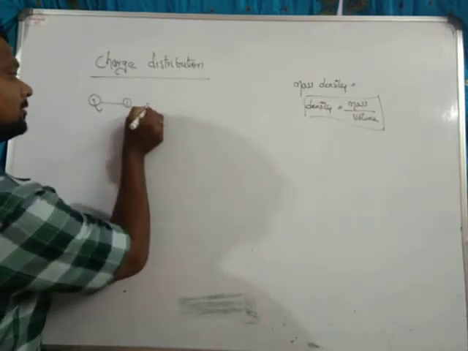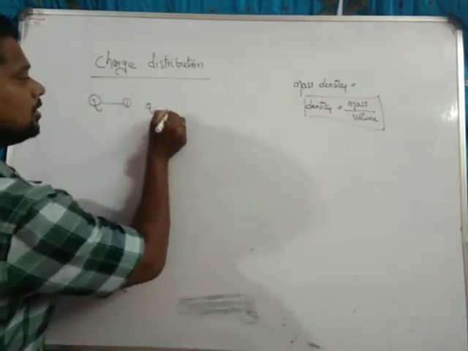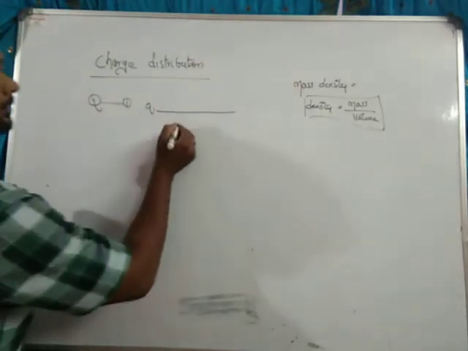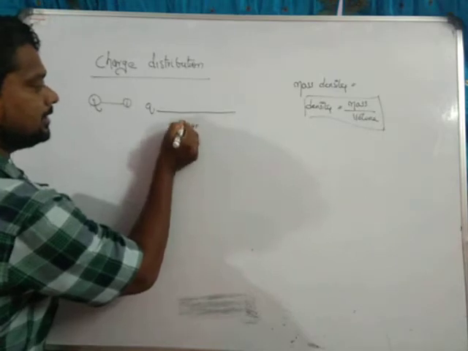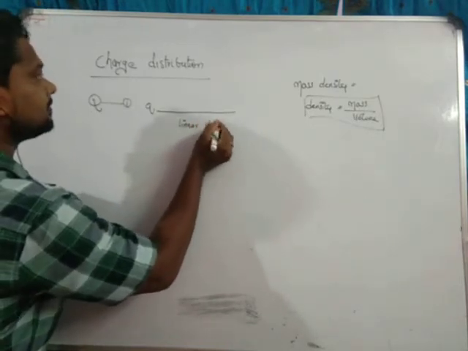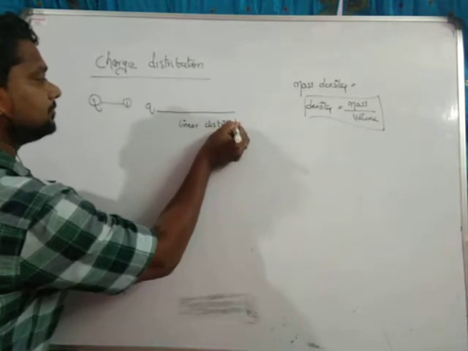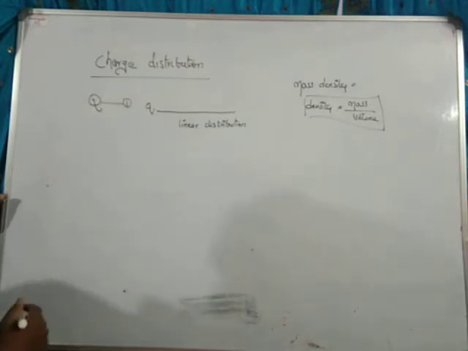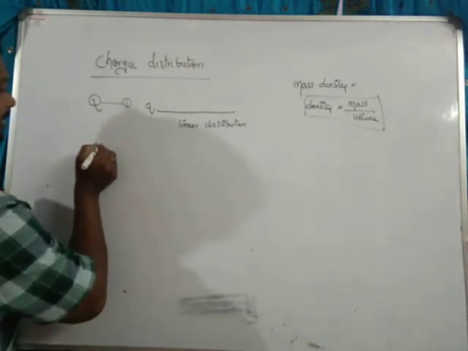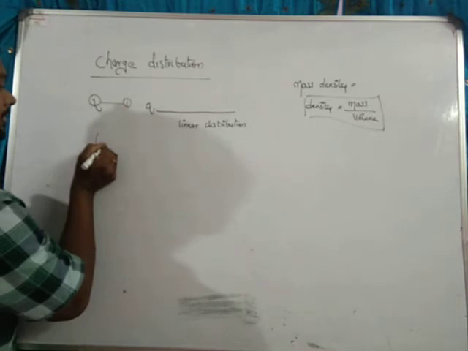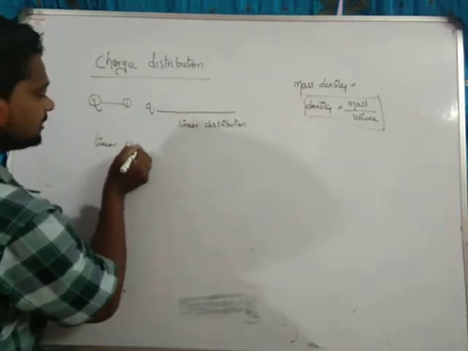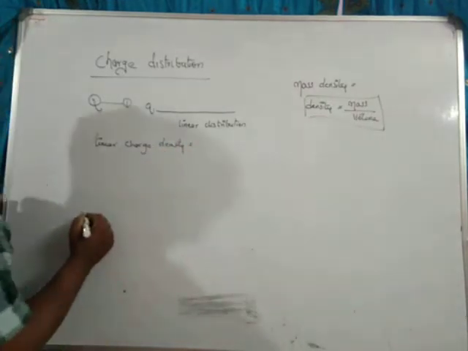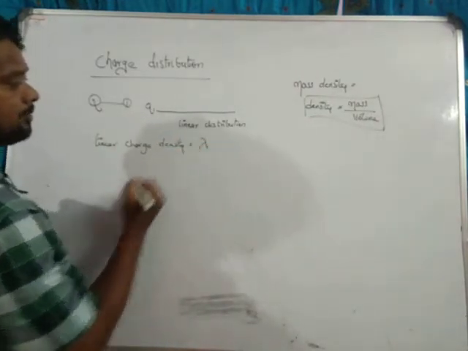First one: whenever we have a charge Q, it can be distributed in a linear way along a wire. That we call linear distribution. Linear distribution means we define a linear charge density, denoted with lambda.